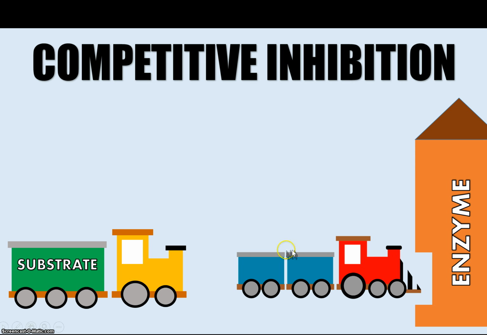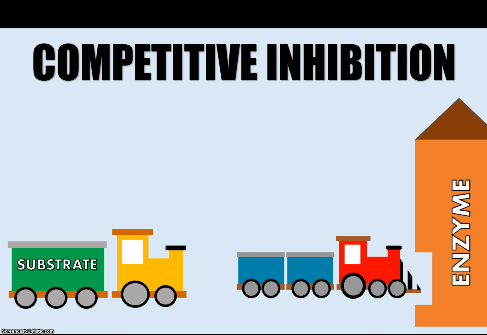So we have this blue and red train here clearly blocking the path of the substrate. And this is an important type of inhibition because it is reversible. This train here could eventually be released from the active site, which is here in this block on the enzyme, or where the substrate would bind. And that would mean that the substrate would then have the ability to go back to the enzyme and make whatever it needs to make.